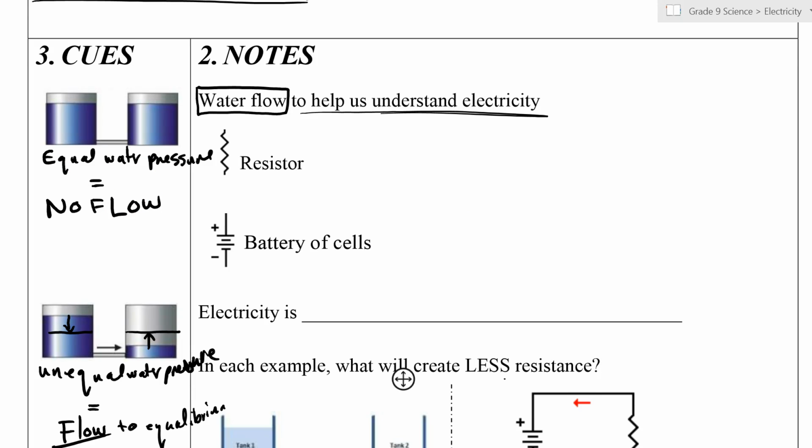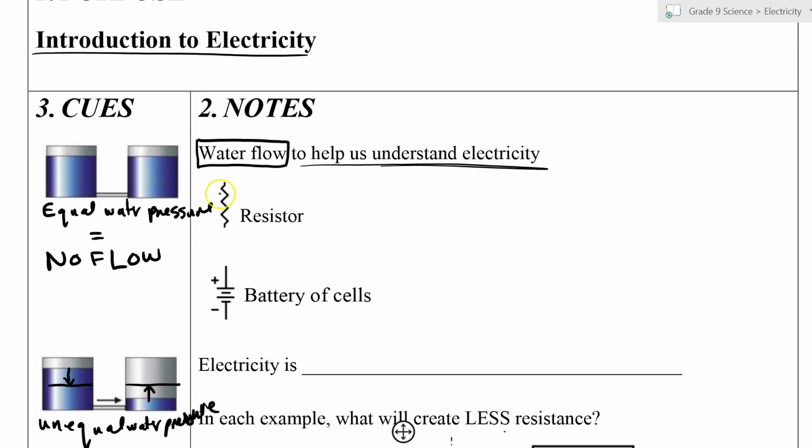Moving back to the actual electricity, these are schematic symbols that help us to draw circuits very simply. So this right here is a resistor, and this is something in a circuit that does work.